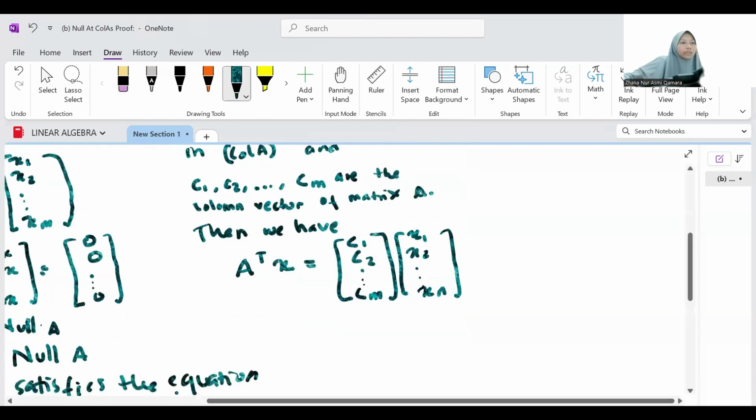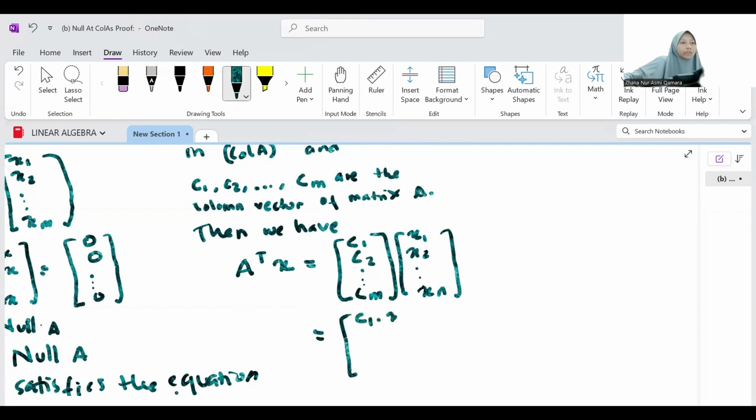For each entry of C1, C2, and so on until Cm, we multiply it with x1, x2, and so on until xn, and then we add them. We can write it as C1 dot x, C2 dot x, and so on until Cm dot x.